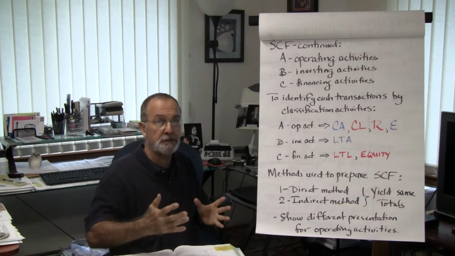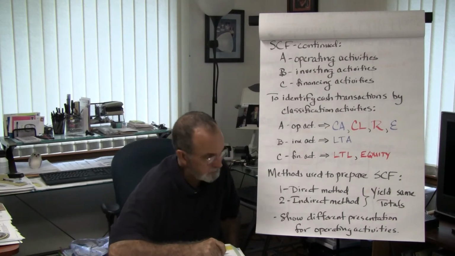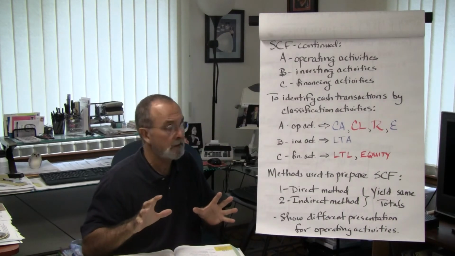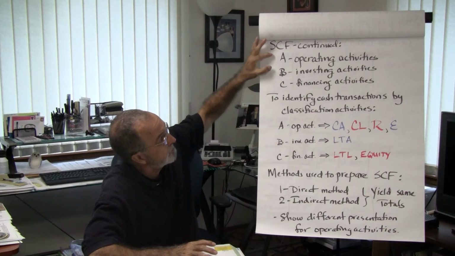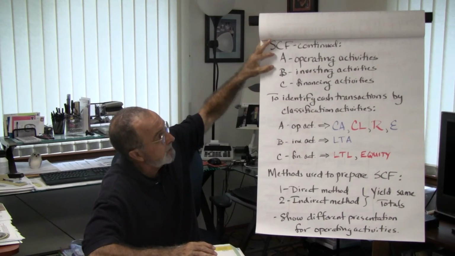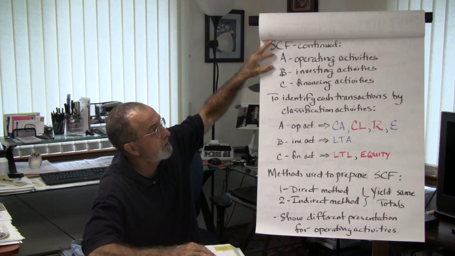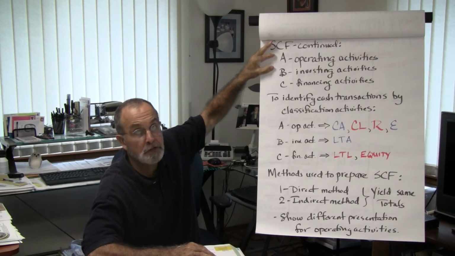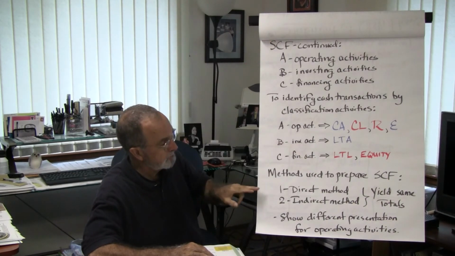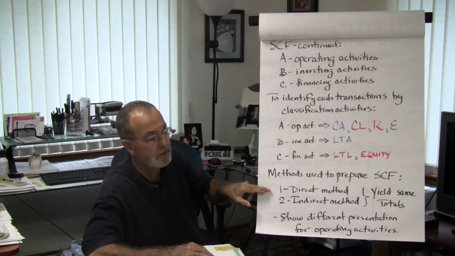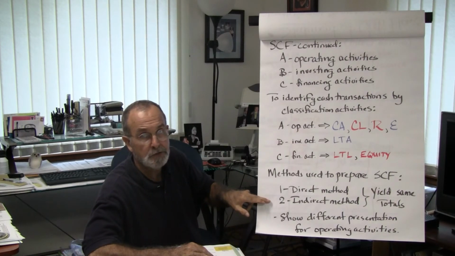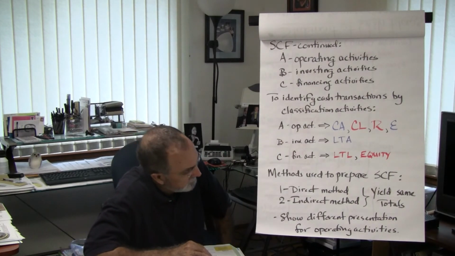The totals on the statement won't change. It's just the presentation of our cash inflows and outflows from operating activities that will look different, based on whether we are using the direct method or the indirect method.